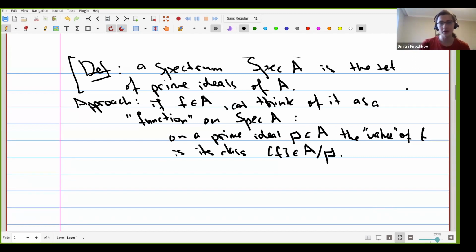So that's not extremely similar to a function as seen in analysis, but it happens to be a very nice way to think.